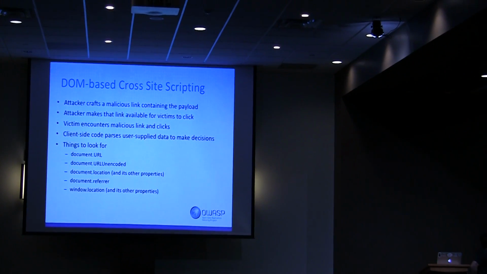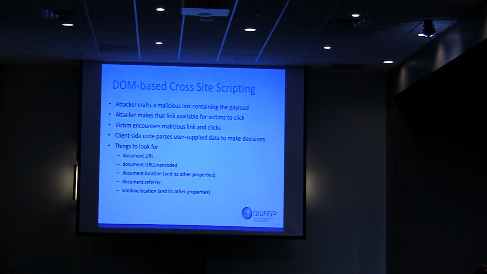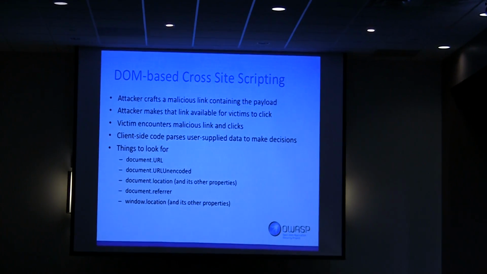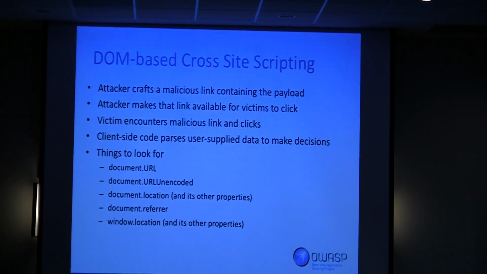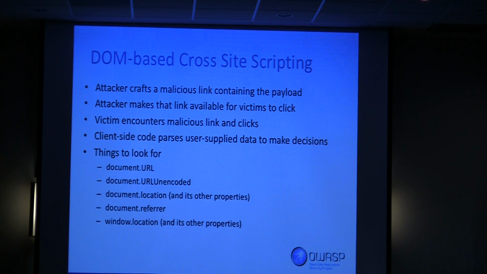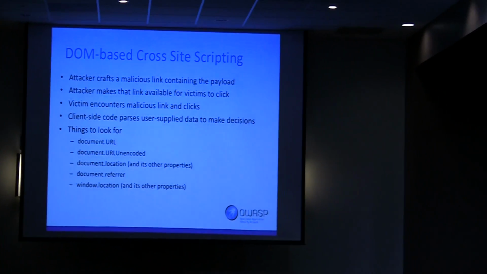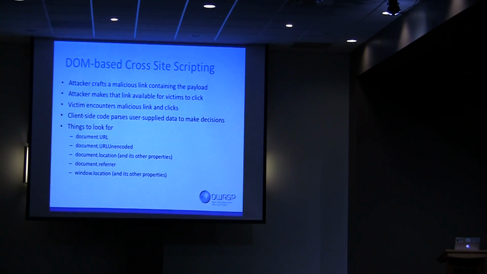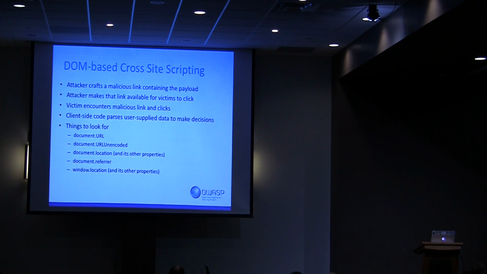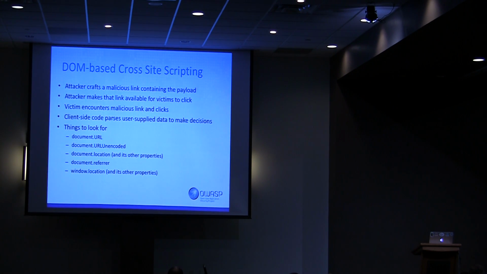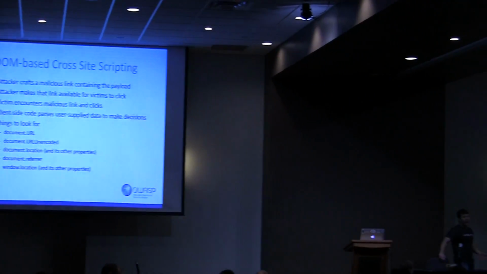So if you're writing JavaScript that is going to access constructs like document.URL, document.URLUnencoded, document.location, document.referrer, window.location, maybe to know something about the URL that makes you display one message or another, or to use the hash, the anchor tag, or something like that, it's important to understand that those values are at least partially under the control of an attacker.